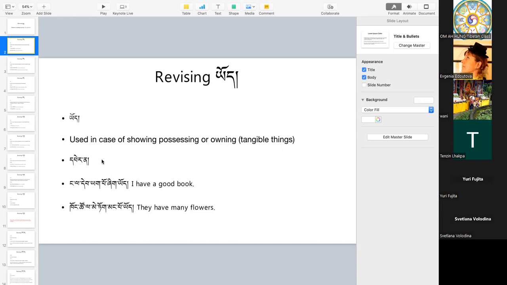If it's for the second or third person, it's an observation. We're observing, and so we're confirming the observation. When we say it, it means that we are confirming the observation that they have a lot of flowers. Why? Because we saw them with a lot of flowers.